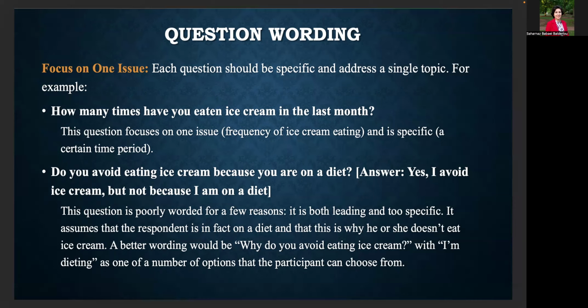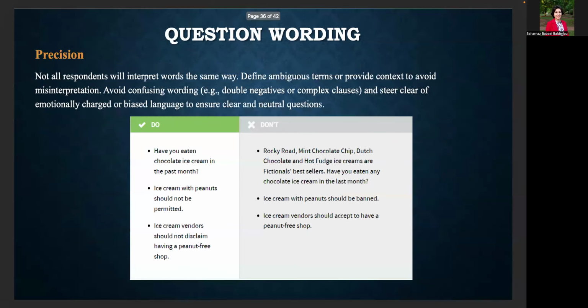Avoid assumptions, avoid overly specific wording, and ensure the question does not force the respondent into a biased answer. You should not put words in their mouth. You should design the question in a way that asks for their own opinion, not biasing their answer. Be precise, define ambiguous terms, and avoid confusing language. Respondents interpret words differently, so clarity ensures more accurate data.